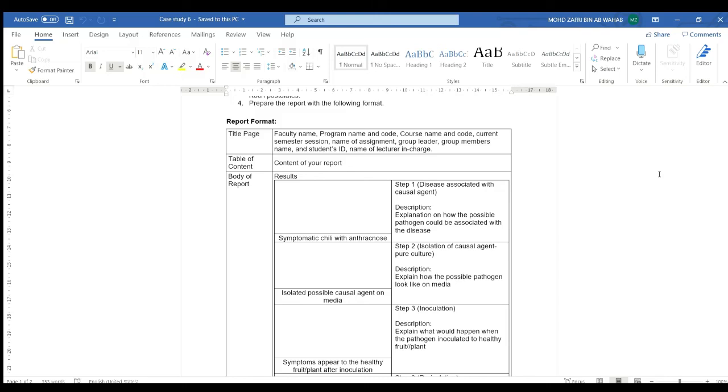And then step number 2 is isolation of the causal agent. By right, you should know what the causal agent of anthracnose is.